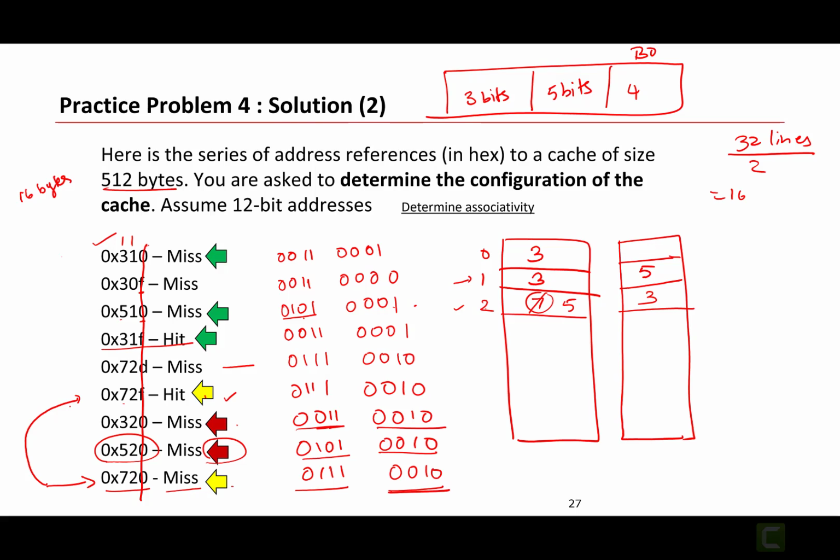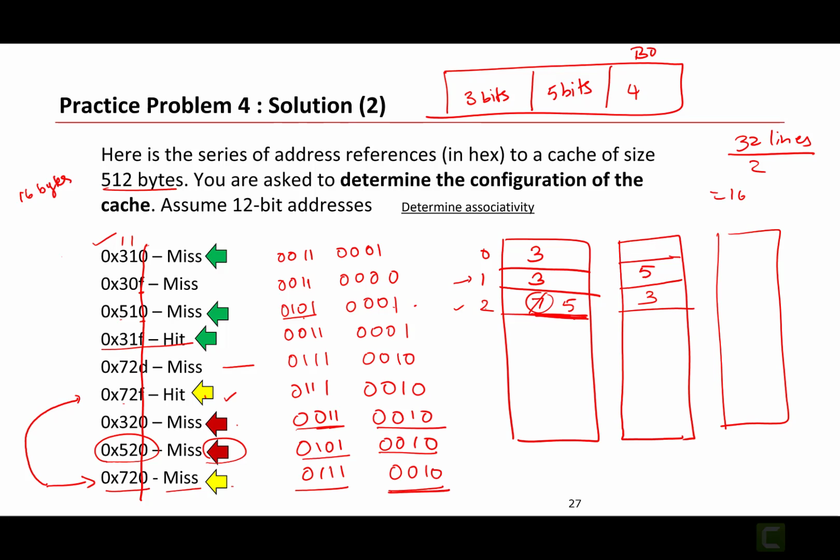It would have been a hit if not for the conflict that we had between the tags 5 and 7. If I had a four-way or even a three-way set associative cache, then it's quite possible that 7 and 5 can both be stored at the same time.